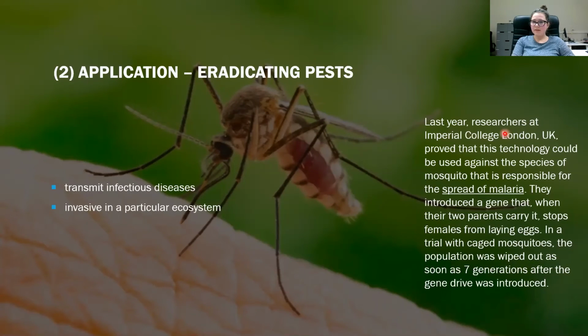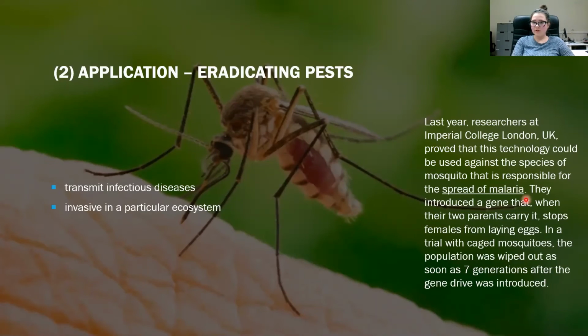Last year, researchers at Imperial College London proved that CRISPR could be used to eradicate the mosquito that carries the malaria parasite, Plasmodium.